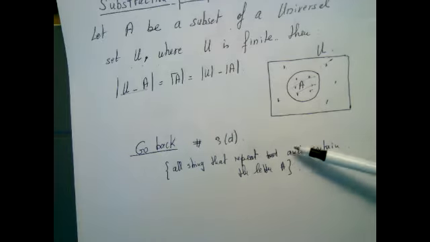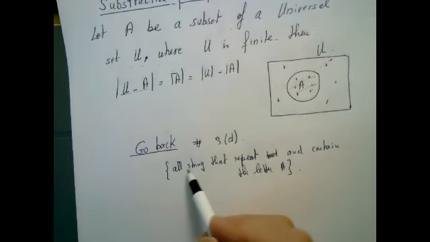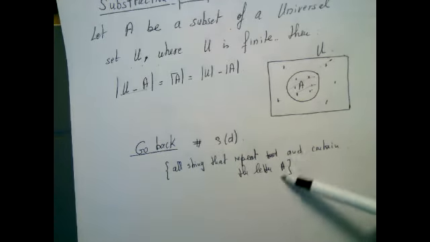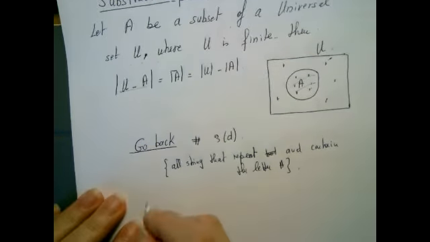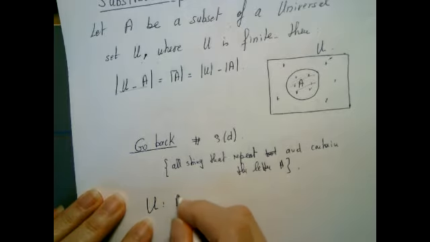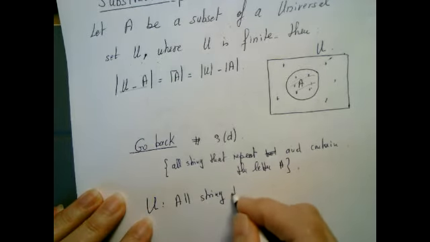How can a string fail? How can a string be repeating but fail to contain A? So what is the complement of this? What is the complement of that set? So I'm going to introduce my universe. My universe is all strings that repeat.